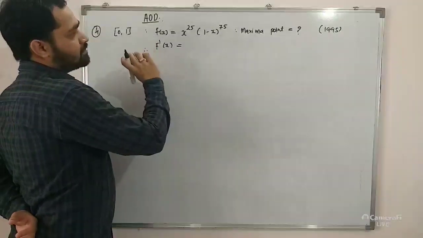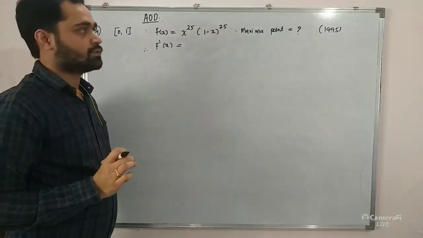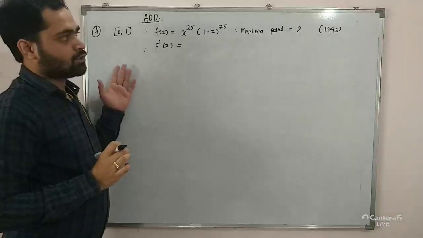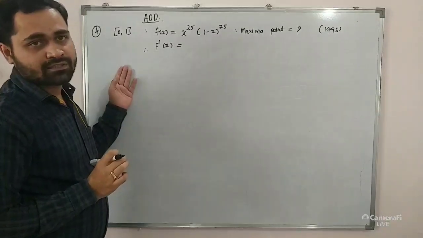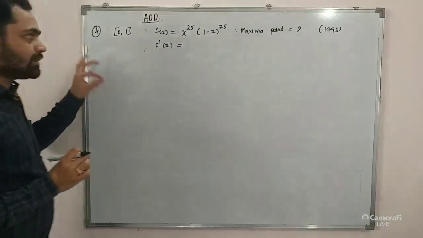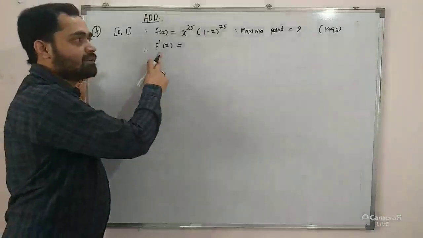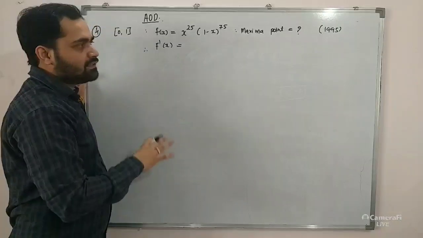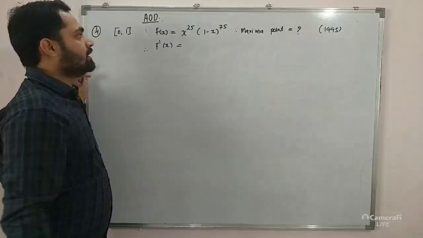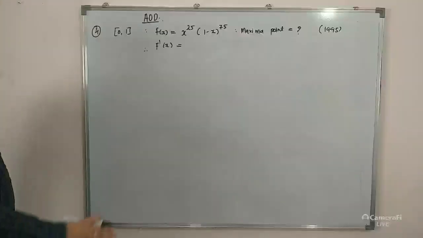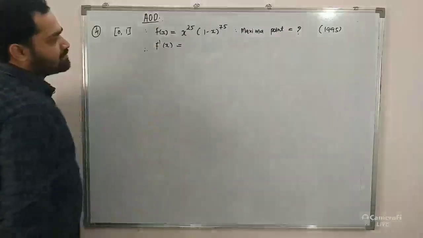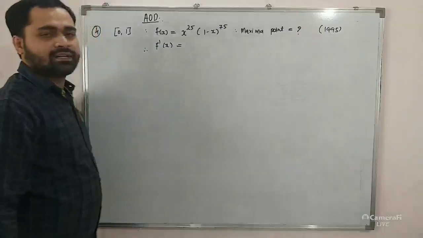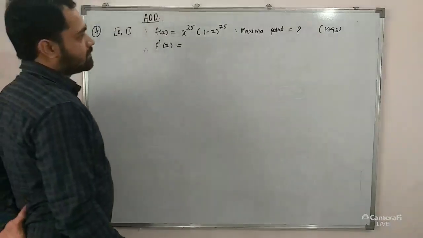So first of all, for finding the critical points, what is the method of finding the maxima and minima point? The first step of finding maxima and minima is the critical point, right? So for the critical point, we have to find f dash of x and compare it with 0. After finding the critical points we can use the double derivative test to find the maxima point, and with the help of the first derivative test we can also find the maxima point, right?